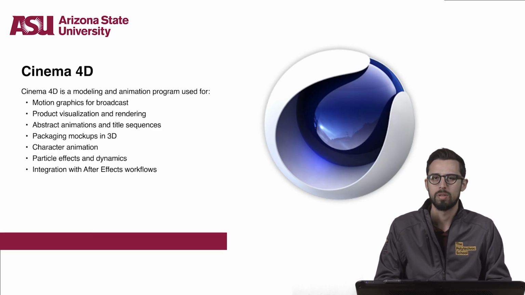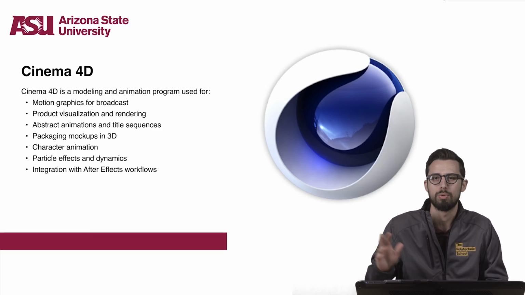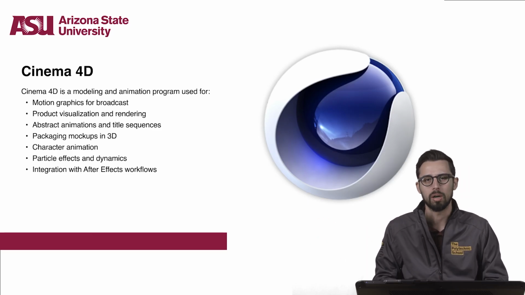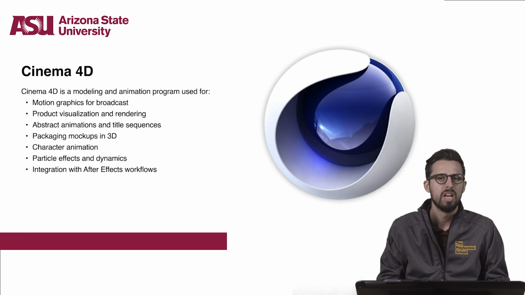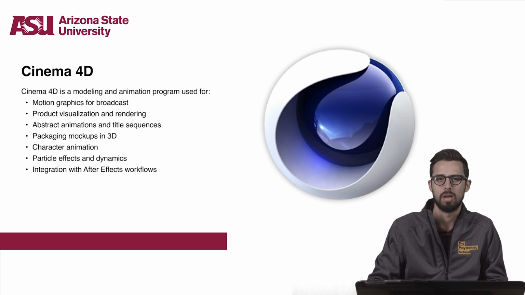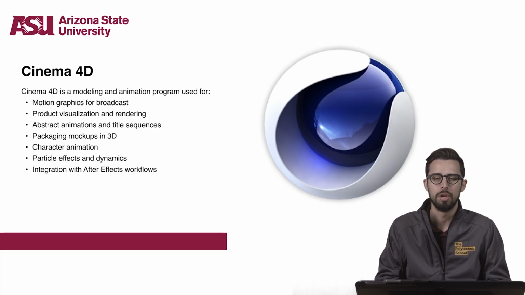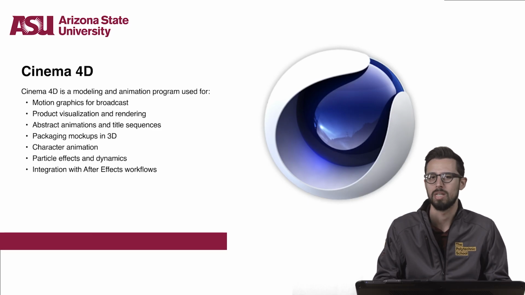So if you're ever seeing a really slick product animation, the abstract title sequence for a movie, or a 3D logo reveal, there's a pretty good chance that it was made in Cinema 4D. It is a powerful, fast, and really efficient tool built for designers who need to create really stunning visuals without getting lost in some of the more overly technical workflows.